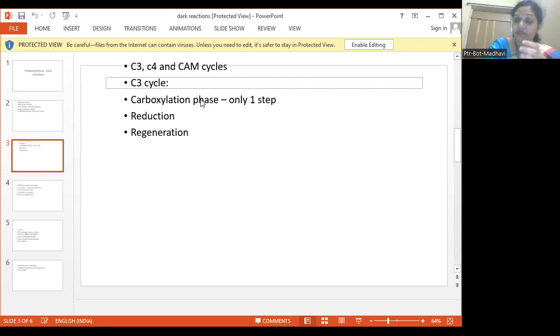And this Rubisco enzyme will start this process. That is the first compound which is absorbing this carbon dioxide, and in the presence of this enzyme, what it will do. So what is the substance? The substance is the ribulose 1,5-bisphosphate, that is RuBP. And this is going to be carboxylated by absorbing the carbon dioxide molecules.